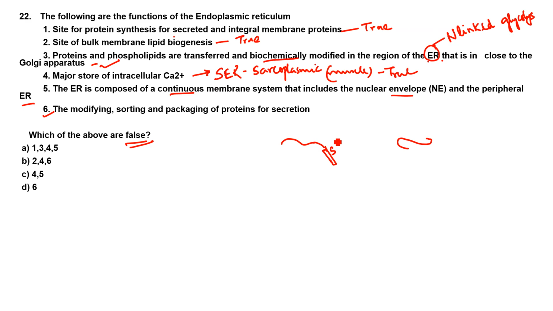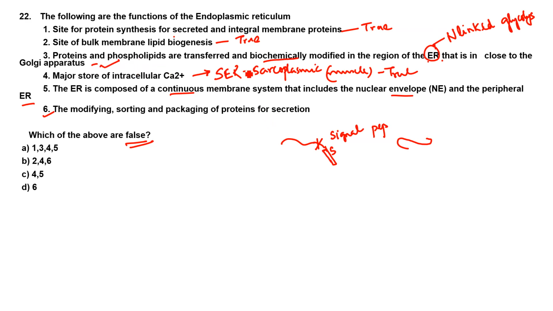These signal peptides are cut by signal peptidases present in the endoplasmic reticulum. So certain modifications take place in both the endoplasmic reticulum and the Golgi complex. That is why this statement is actually correct.